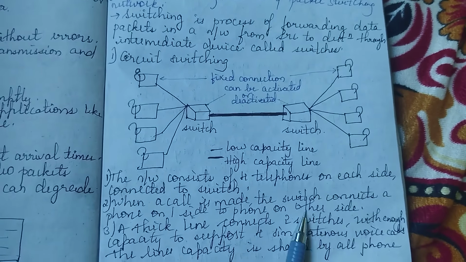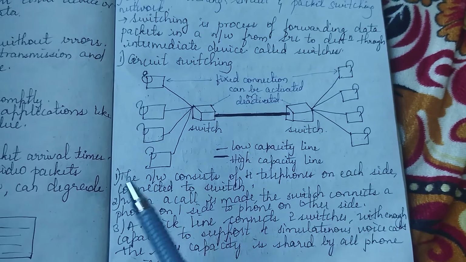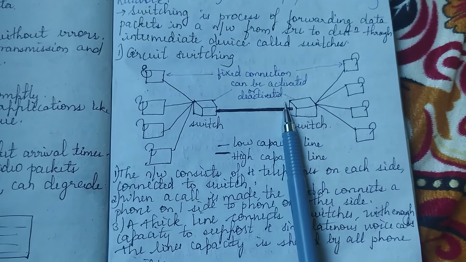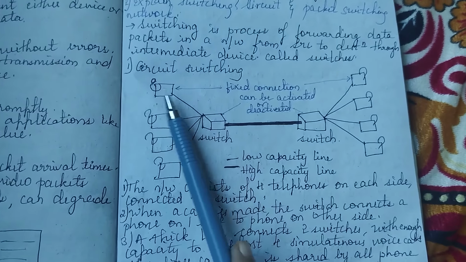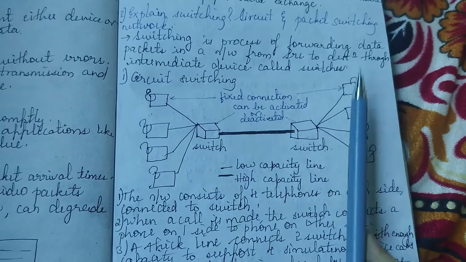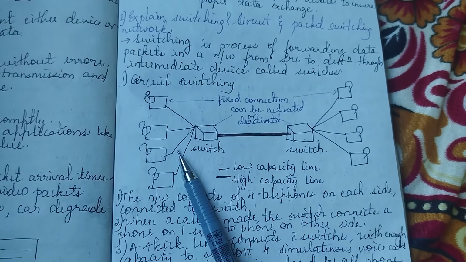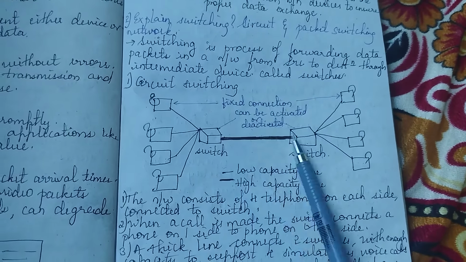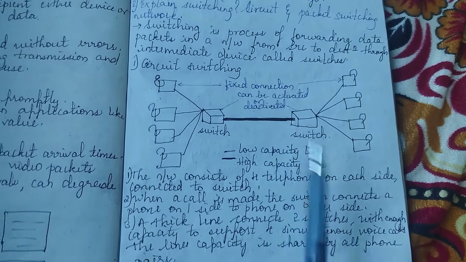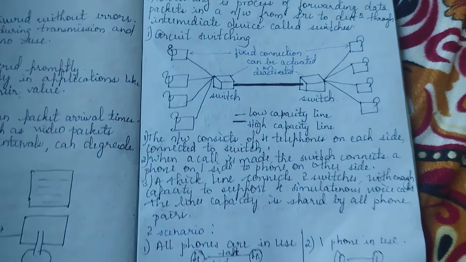That is what I have written here. Then a thick line; remember why we use a thick line: for high capacity. If only one person is making a call to another person, a thin line will be sufficient. But if many people are calling, we would require this thick line, that is the high capacity line. That is what is written here.